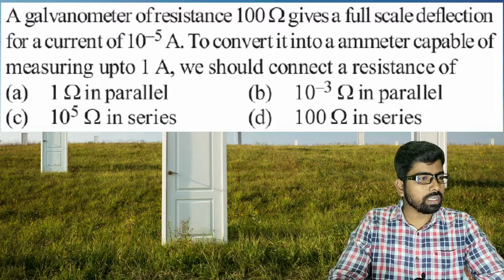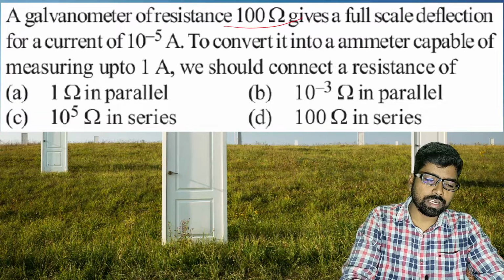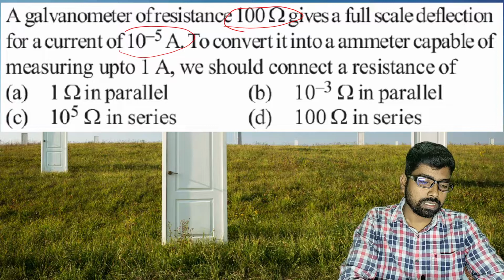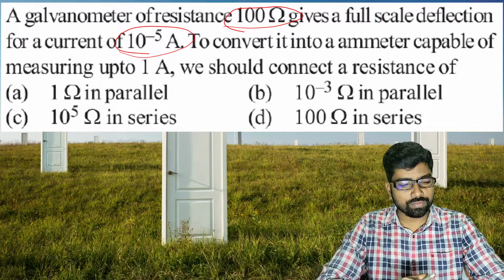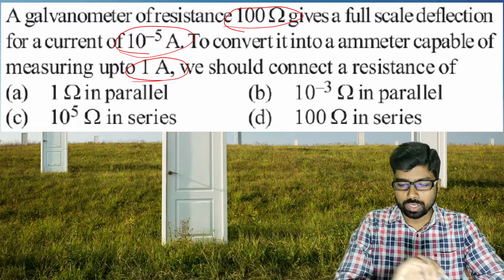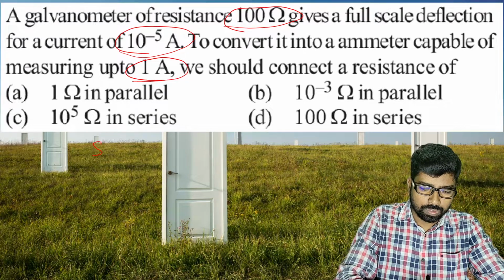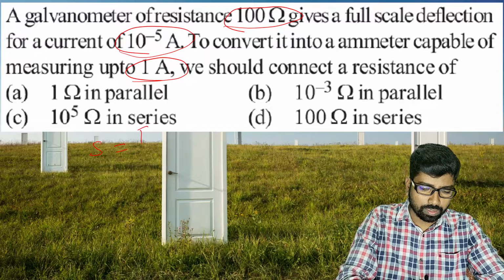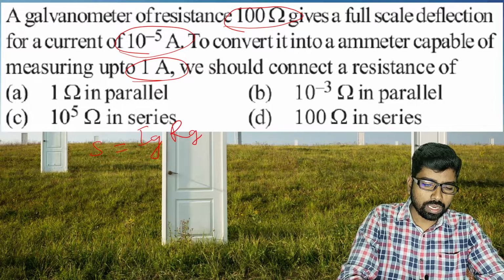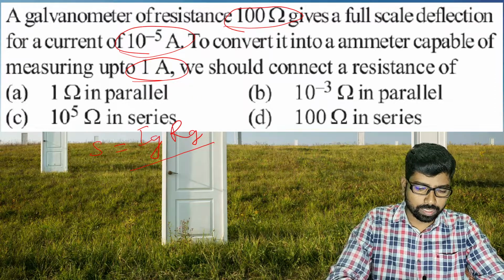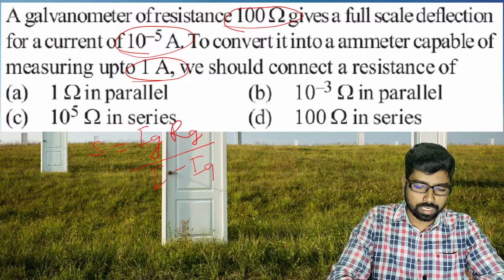Here the galvanometer resistance is given as 100 ohm, the current it can measure is 10 to the power minus 5 ampere, and the maximum current is 1 ampere. S for shunt is equal to Ig into Rg, the current in the galvanometer times the resistance of the galvanometer, divided by I minus Ig.